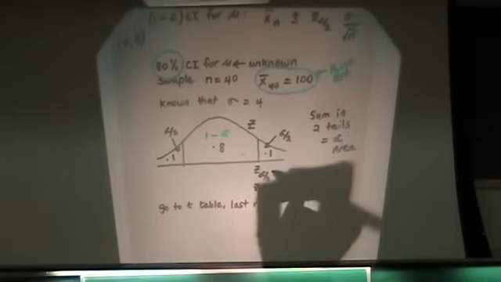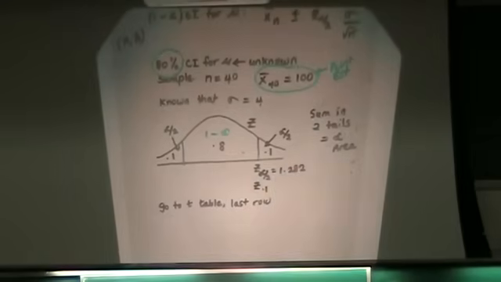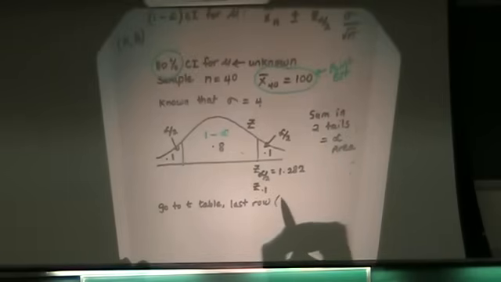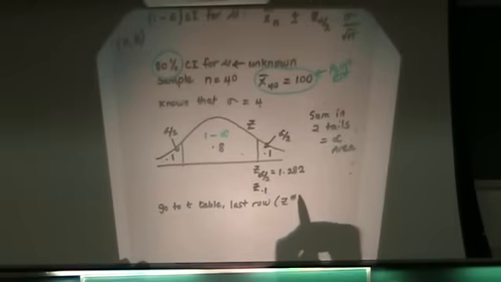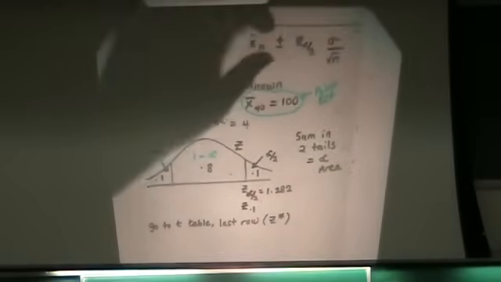It sure is 1.282. Go to the T-table last row, because that deals with Z, Z star, right? You remember this from last time, right? So 1.282. Once I have that number, I'm done. It's just plugging in now. Let's go back and finish up this problem.